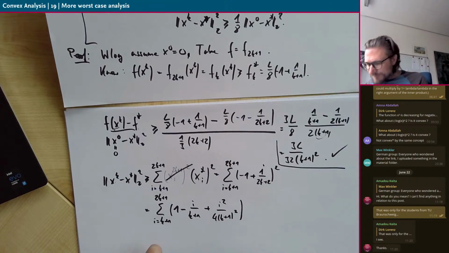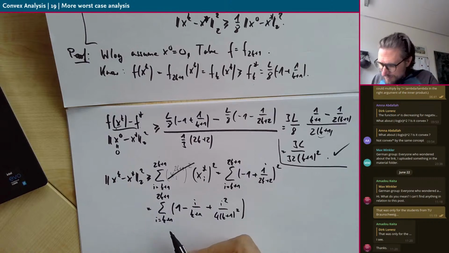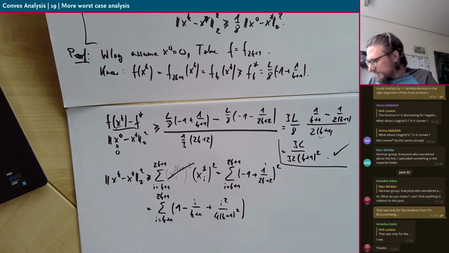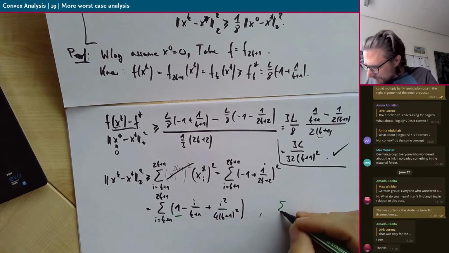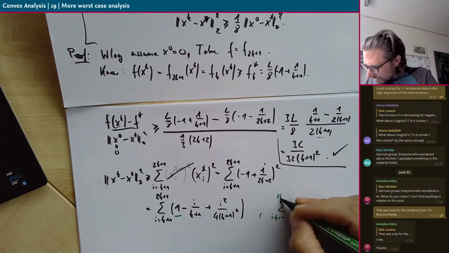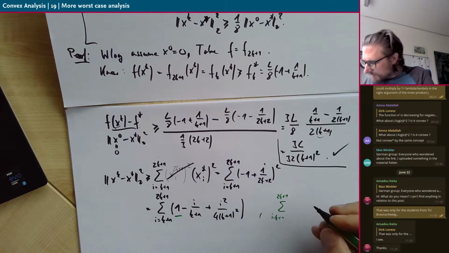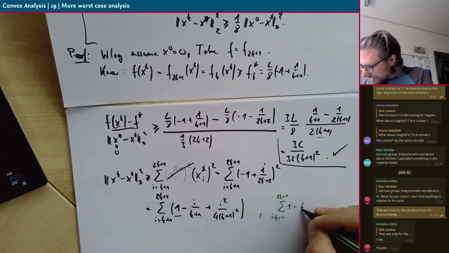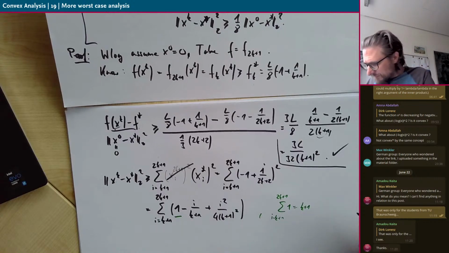Okay, and now let's calculate. This amounts to 3 sums. We calculate the 3 sums. So the first, maybe color code them. What about this here is very simple. The sum of 1 over i equals k plus 1 to 2k plus 1 is just equal to k plus 1. Is it k plus 1? Yes, because it includes the boundaries.